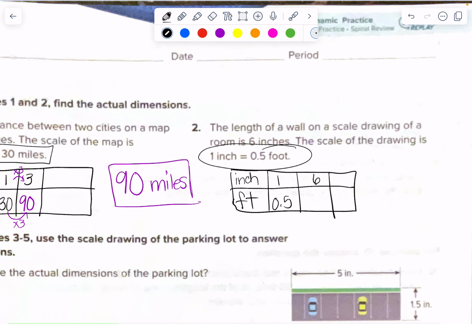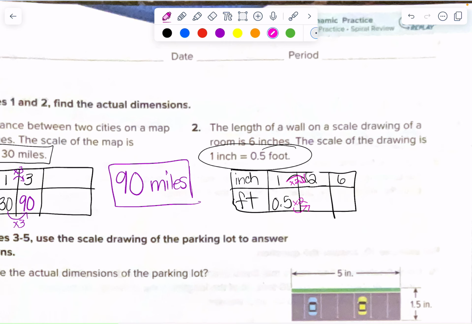Again, I could figure out 2 inches and then 3 inches and go from there, or I could go straight to 6 inches. Actually, we're going to do 2 inches first, and then I'll use that to help me figure out 6. All right, so 2 inches, if I double the amount of inches, I know that I can double the amount of feet.